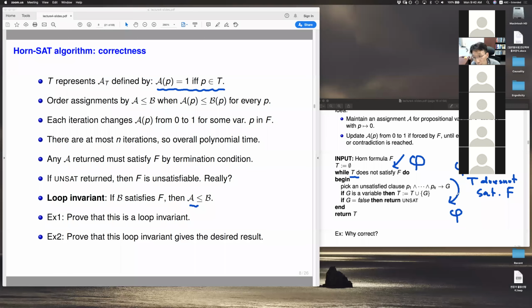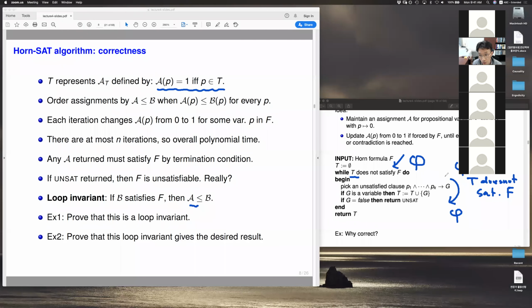Some people call it an inductive invariant. It's a bit like an induction. We have to show that in the beginning, when we reach the loop for the first time, right after the initialization, this loop invariant phi is true. And another thing we have to show is the so-called inductive case: if phi is true and the loop condition is true, executing the body of the loop will make phi true again.